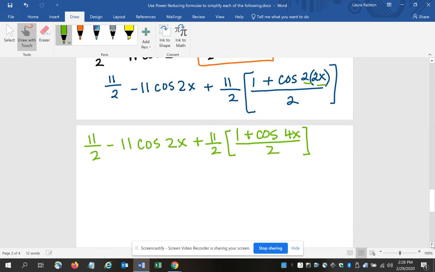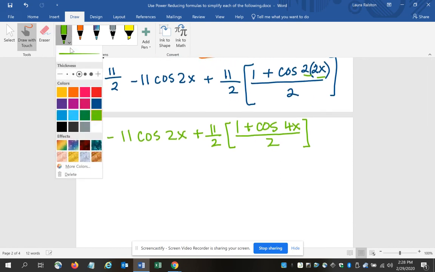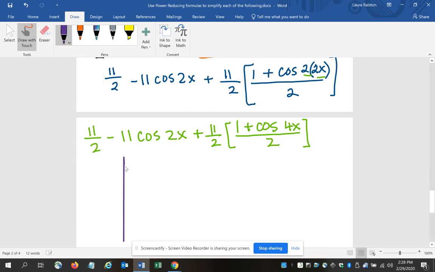Okay, then I'm going to distribute the 11 halves. Okay, so I have 11 halves minus 11 cosine 2x.